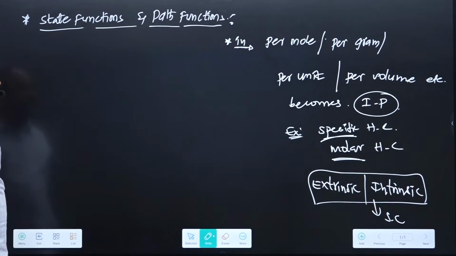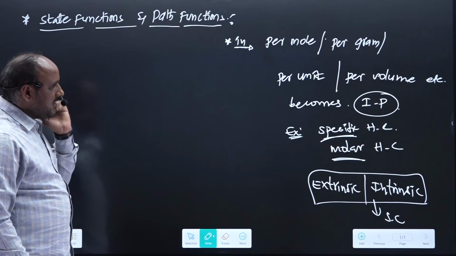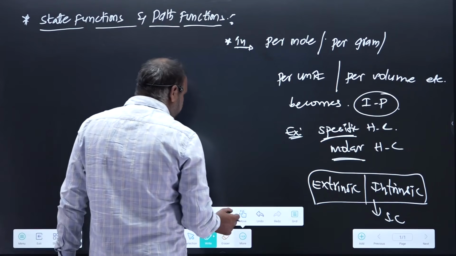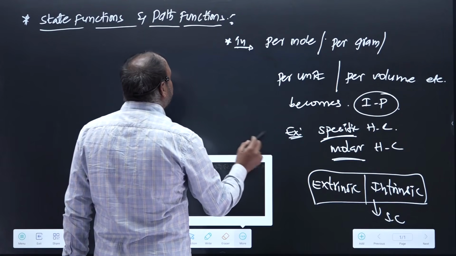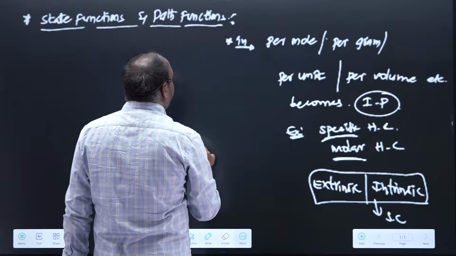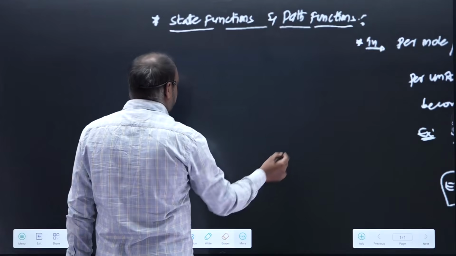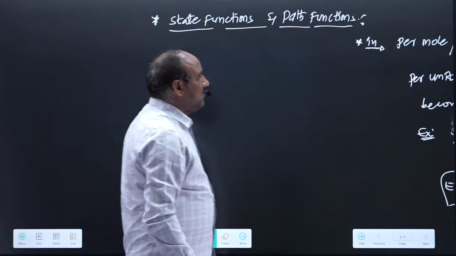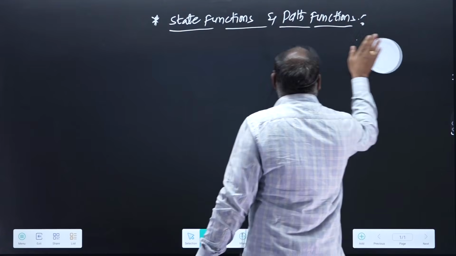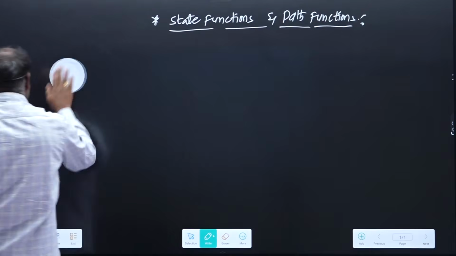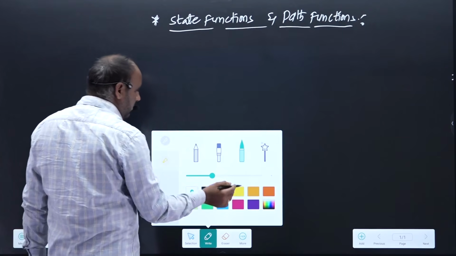So state functions and path functions, right? What are the state functions and what are the path functions? How are we going to describe the thermodynamic concepts with the help of these? Let's see, with the help of a diagram we have to understand.